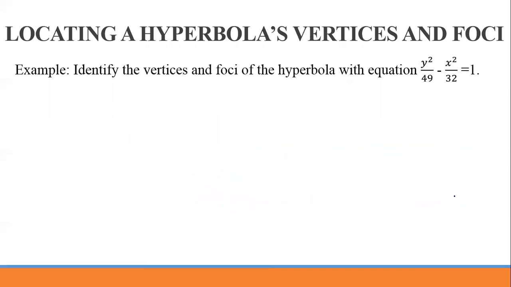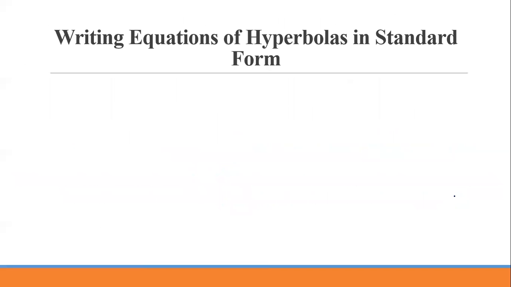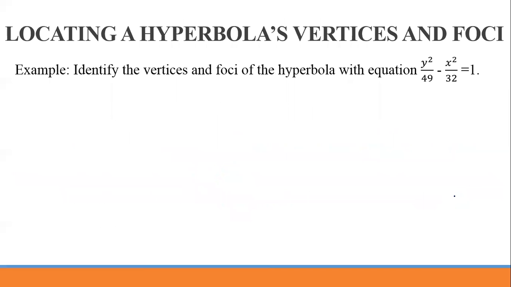Ayan. So, locating a hyperbola's vertices and foci: identify the vertices and foci of the hyperbola with equation y squared over 49 minus x squared over 32 equals 1. Right? So, the equation has the form, ano yung form natin? The equation has the form y squared over a squared minus x squared over b squared equals 1.